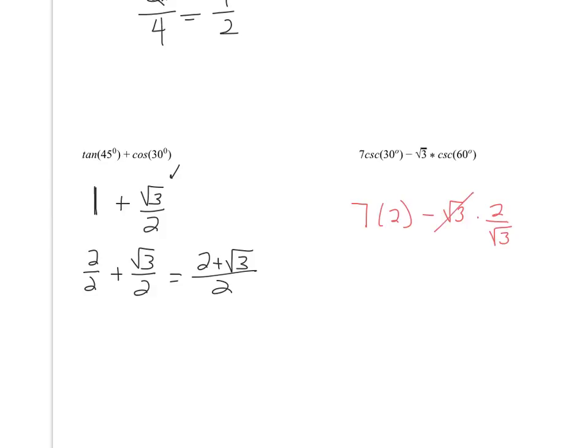So if you look here, these will cancel. So this gives me 7 times 2, which is 14, minus 2. 14 minus 2 is 12. So even though we've got these weird square roots and all these kind of irrational numbers, sometimes it works out to be real nice.